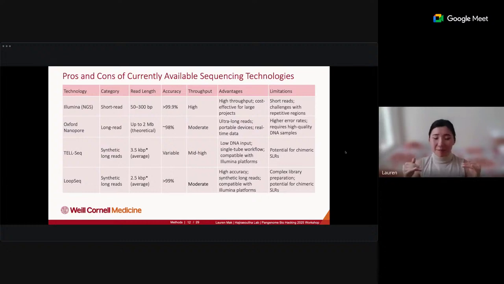The step that you can add in during library prep and before sequencing is to take all the short reads associated with the same long read and assign a barcode to them in some way, shape, or form. 10x did this with oil droplets, and TelSeq and LoopSeq each do this in their own proprietary way.